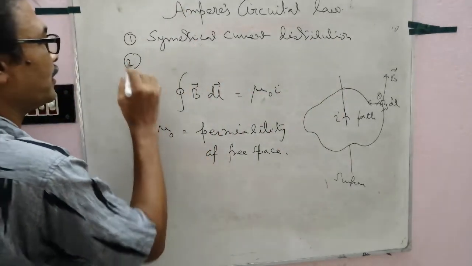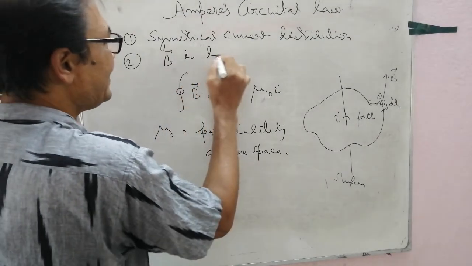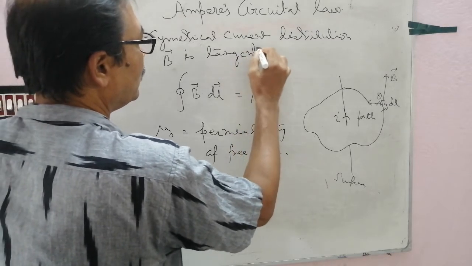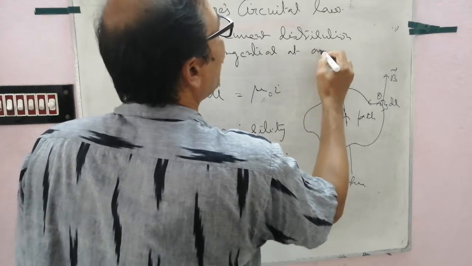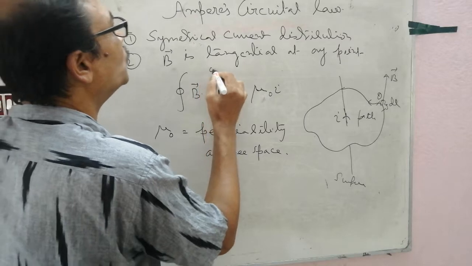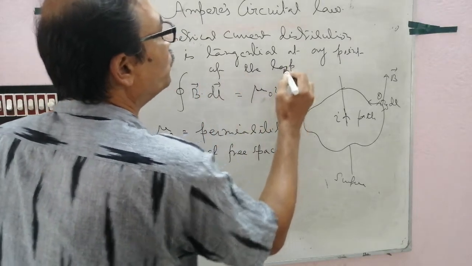Number 2, B is tangential at any point of the loop, of the closed path or loop. And B is constant, for symmetrical current distribution.